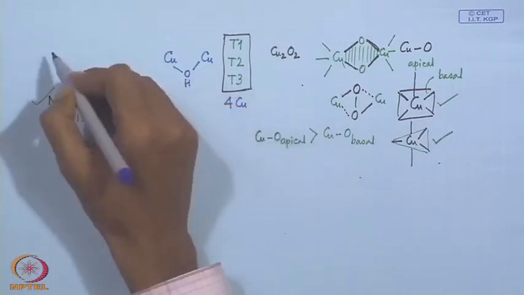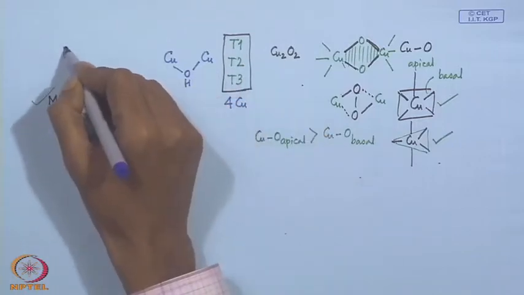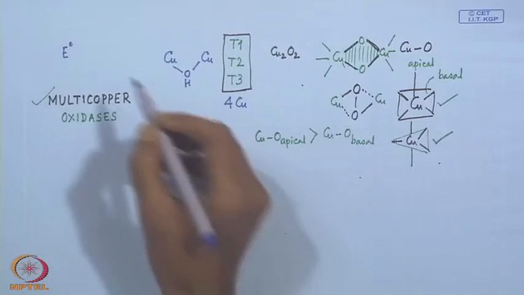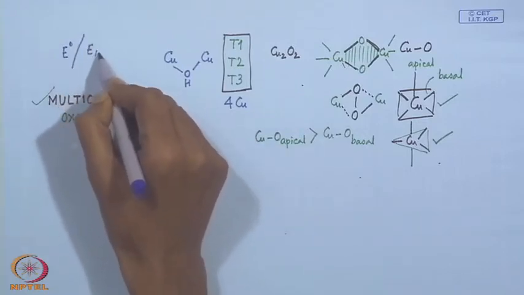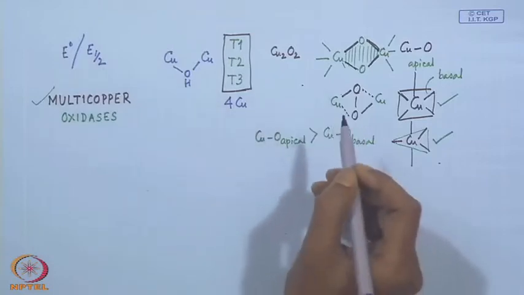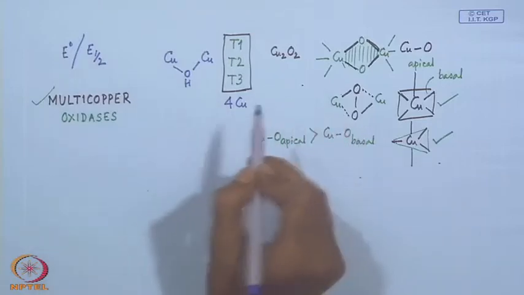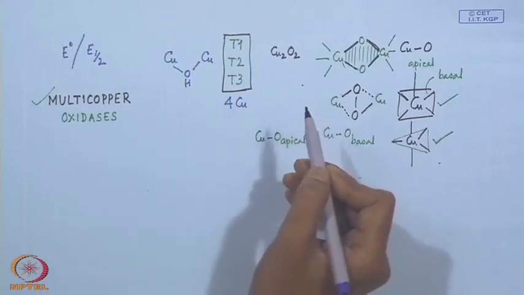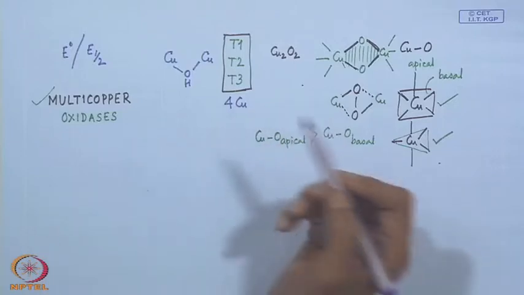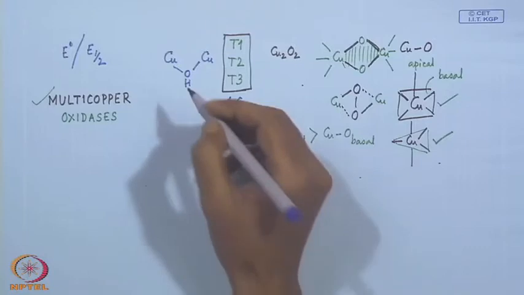From a reduced species to an oxidized species, you can get several E0 or E half values, which will be characteristic for a single electron transfer. That means one electron you are putting in, the second electron you are putting in, or one electron you are taking out, or the second electron you are taking out.